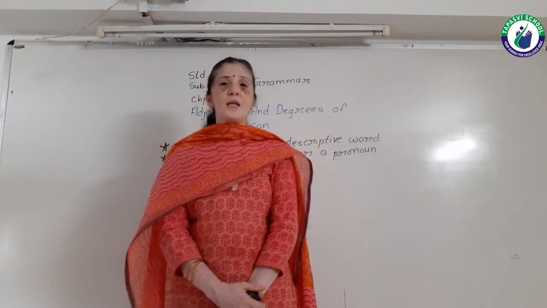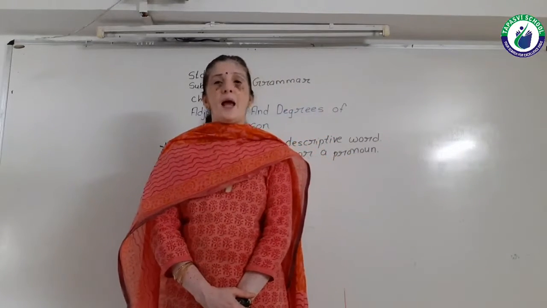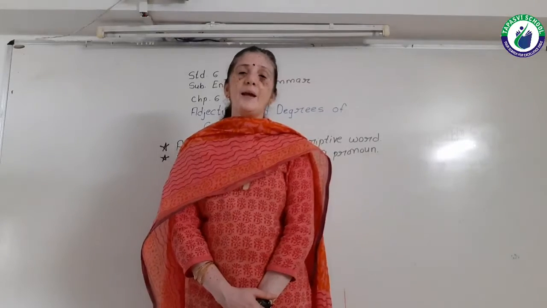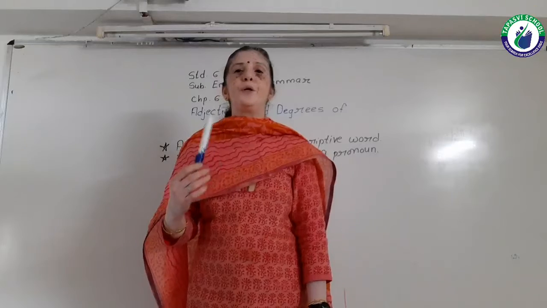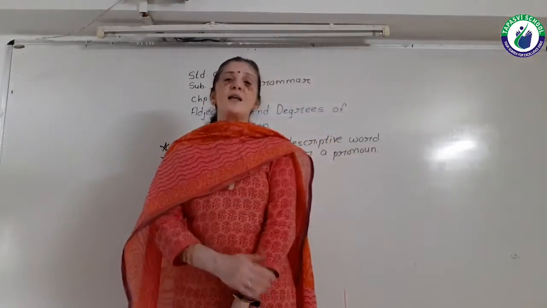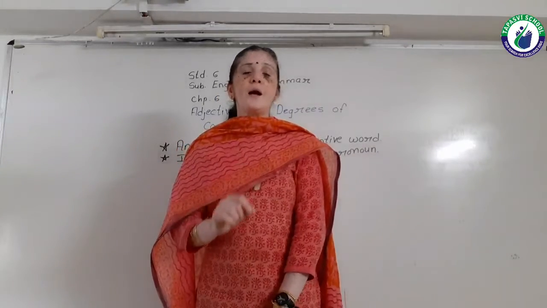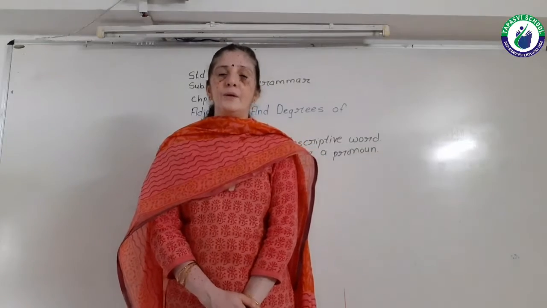Children. How many children? Many. So many is said to be an adjective, right? Now for example, if we say this marker is blue. What is your noun? Marker. So this is pointing out this marker, right? So it is called an adjective, right?